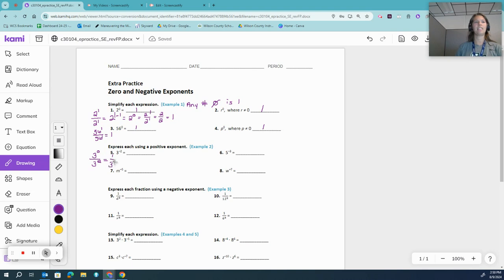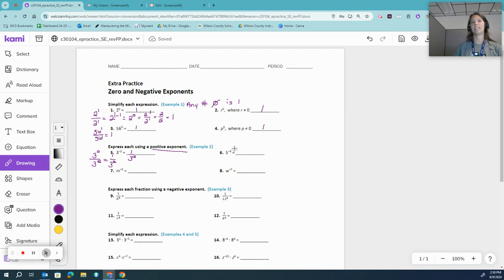And 3 to the second power gives us that positive exponent that we are looking for. So you can rewrite negative exponents using the reciprocal of the base raised to the positive exponent. So we have 1 over 3 raised to the second power.